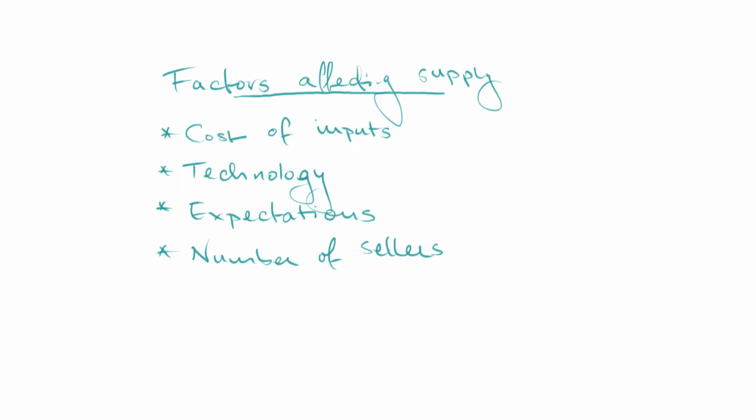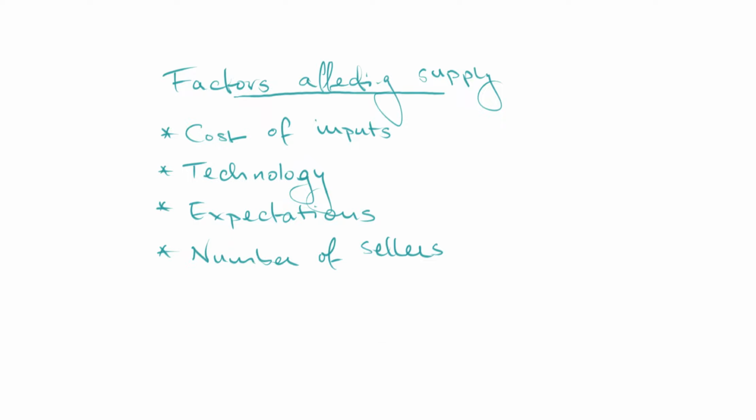If the producer anticipates that prices will go up, it might reduce the amount that the producer will sell today. And then the final thing is the number of sellers. With more sellers in the market, more output will be sold at the same price.